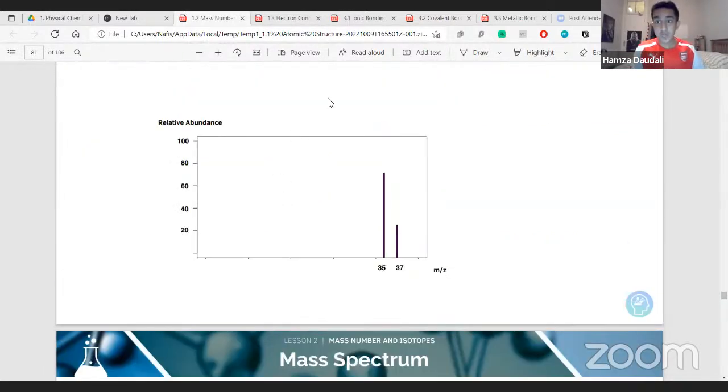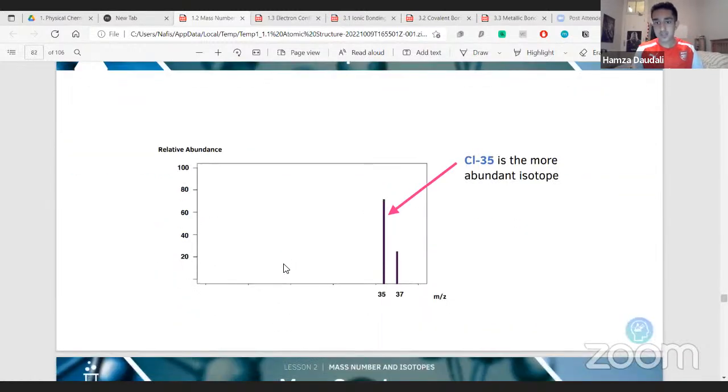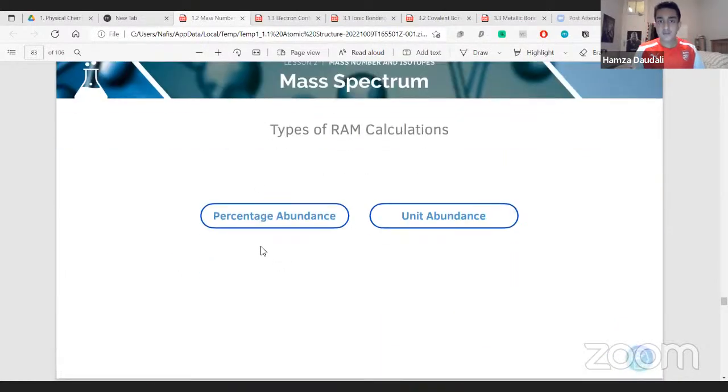A lot of scientists also measure half-life using this. They take a radioactive sample, put it through, then take the sample again and see how the mass to charge ratio has changed over the course of 24 hours, for example, and then they can calculate half-life from this.